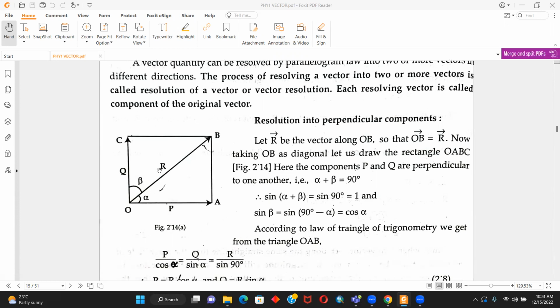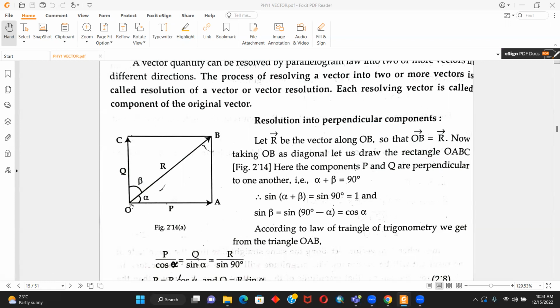Say R is the resultant vector already. Now we want to distribute it into two components. So along the x-axis, we take a horizontal component, and along the y-axis, we take a vertical component. Tell me, are you clear up until now? Yes. Okay.